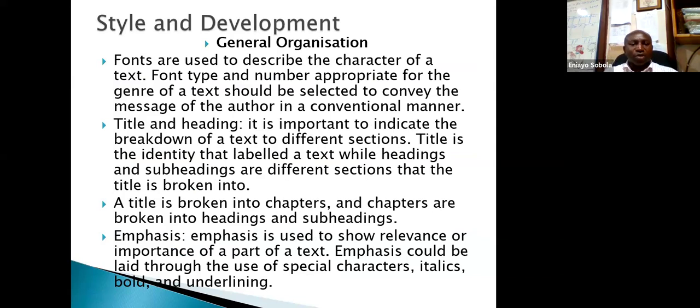So it is important to indicate the breakdown of a text into different sections. Title is the identity that labels a text, while headings and subheadings are different sections that the title is broken into. So we need to know that headings and subheadings are crucial in a write-up.